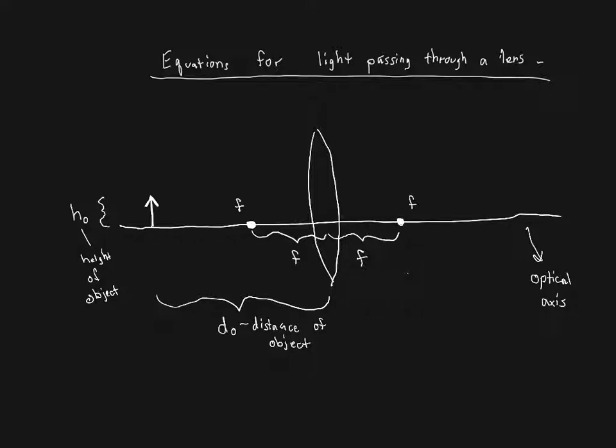So we have 2 focal points. F is something that we represent as a point, and we call this the focal length. That's how far it is from the center of your lens to the point where the light focuses, and that's intrinsic to the lens. It depends on what lens you have.